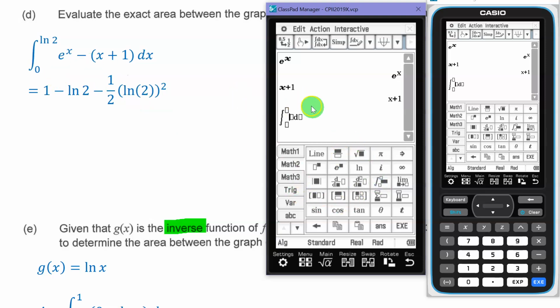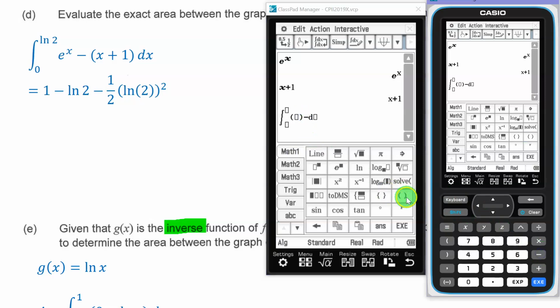For a difference of functions, I always recommend we go to Math 1 and set up a box for the first function minus another little box for the second function. Start filling in from the back end. Into here goes x + 1. Into this box is e^x, and we want to go from 0 to log 2.